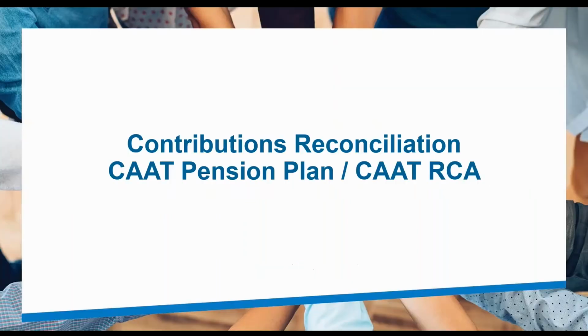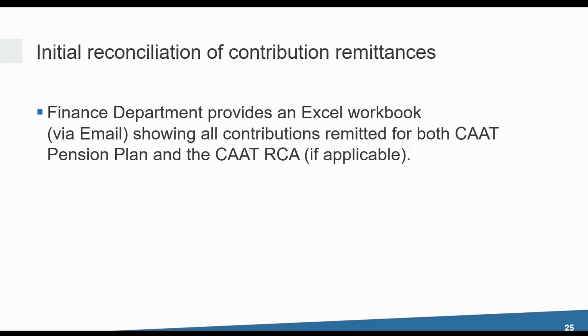Good morning, everyone. I'm going to review the finance refresher, and this is the contribution reconciliation section. The reconciliation process begins each year with the DCT being released to employers by the Employer Services team. On March 31st this year, 2 Excel workbooks showing all of your contributions remitted for both the CAT pension plan and the CAT RCA, if applicable, will be delivered to you via email.